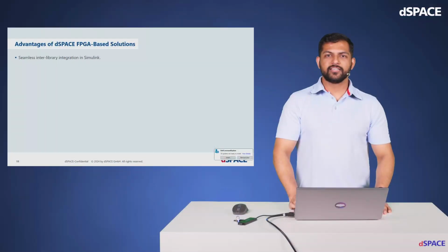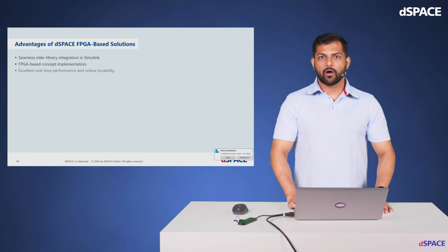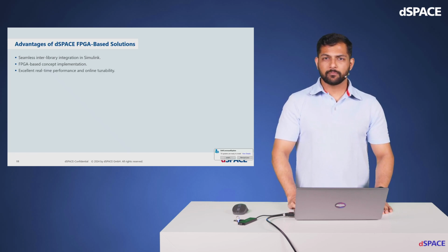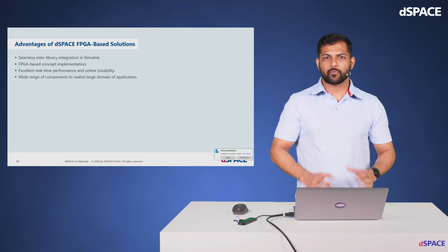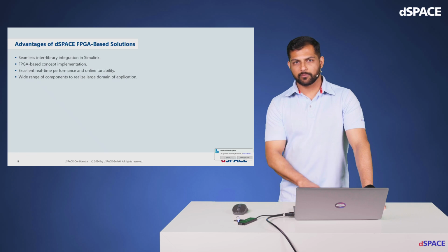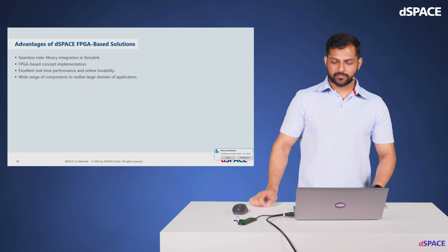In a nutshell, the DSpace FPGA-based solution offers many advantages, such as seamless inter-library integration in Simulink, online parameter tunability using ControlDesk, and real-time performance monitoring using FPGA scopes. All the concepts and functions are implemented to be used on FPGA. This library also provides a wide range of components that allows for implementing a large domain of applications.